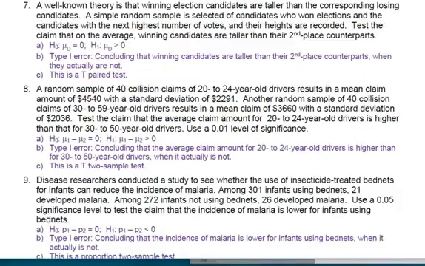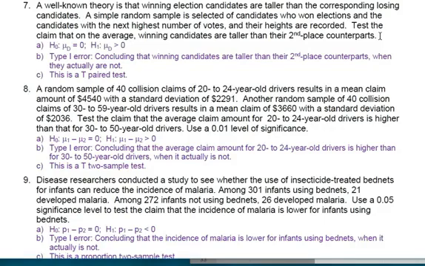In number 7, this one we're talking about candidates who won elections and then the people that came in second place to those candidates. We're testing the claim that on the average, the winning candidates are taller than their second place counterparts. In other words, for each winning candidate, we're also looking at the person that came in second place in that race.